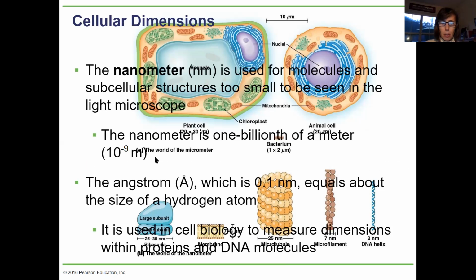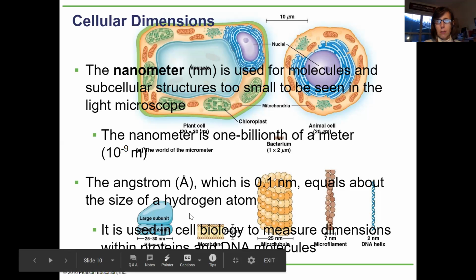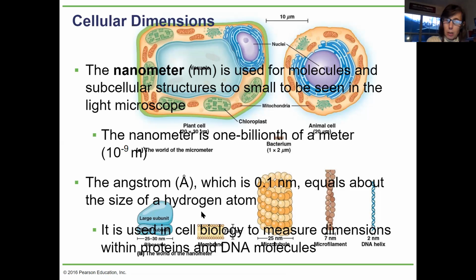So a nanometer is 10 to the minus 9 meters. And an angstrom is 1/10 of a nanometer, and it's very small, about the size of an atom. And angstroms are used to measure small molecules rather than cell structures.